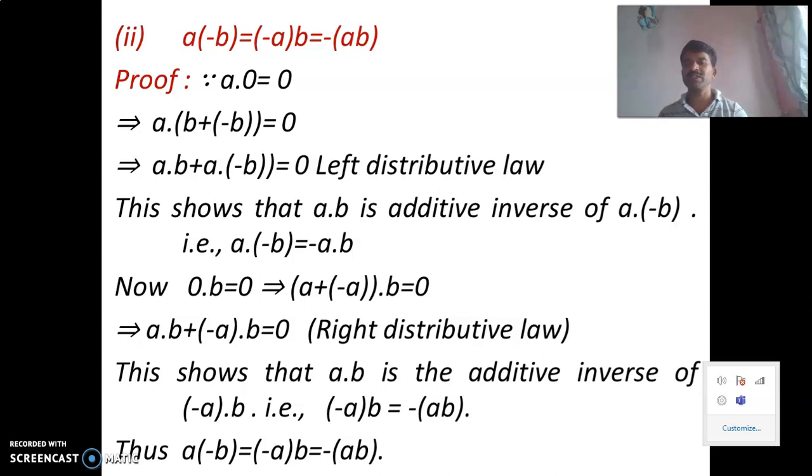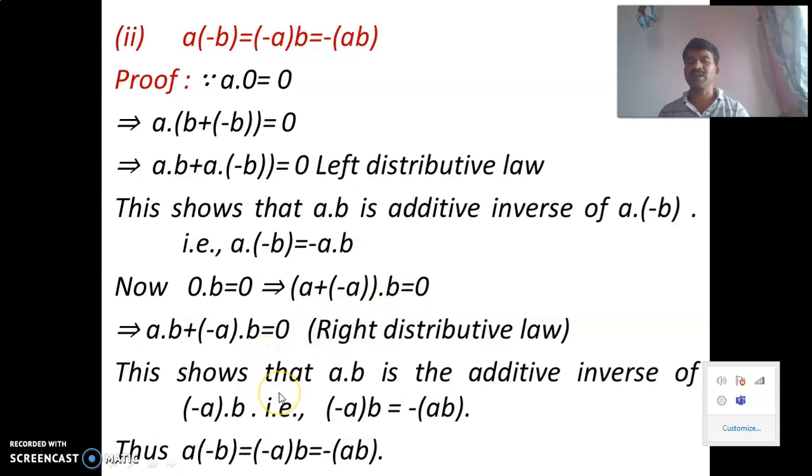Now we consider 0 dot B is 0. Again, instead of 0 we can write A plus of minus A, so A plus of minus A, dot B is 0. Then by the right distributive law, that implies A dot B plus minus A dot B equals 0.